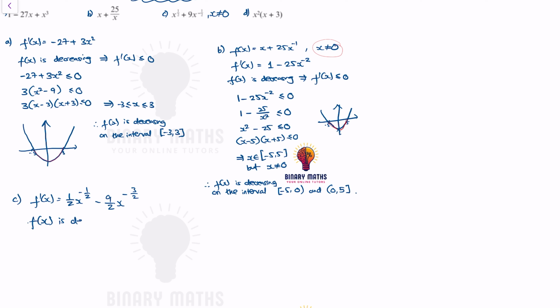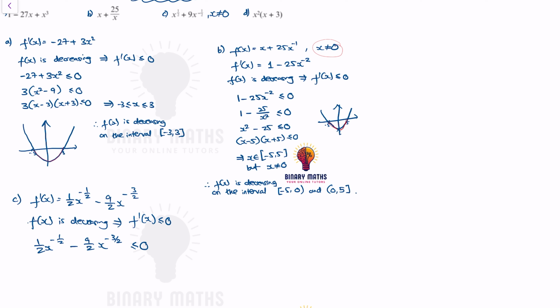which is, again, because f of x is decreasing, which implies f dash of x is less than or equal to 0. So we've got half x to the minus a half minus 9 over 2 x to the minus 3 over 2 is less than or equal to 0.